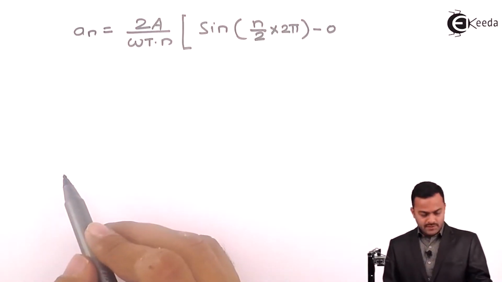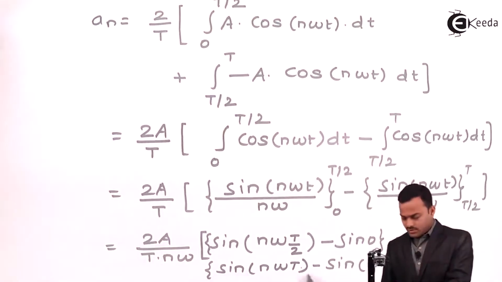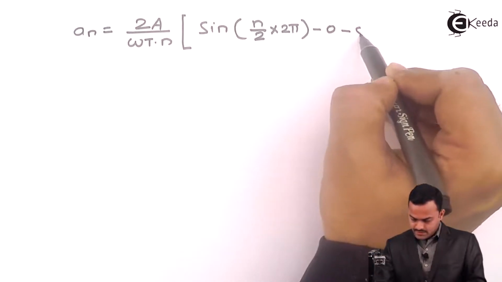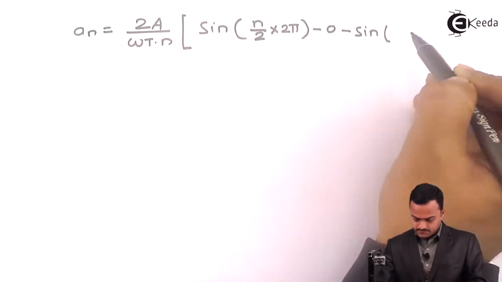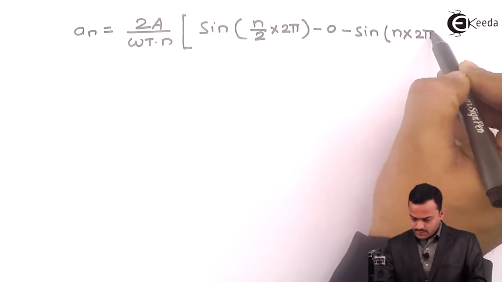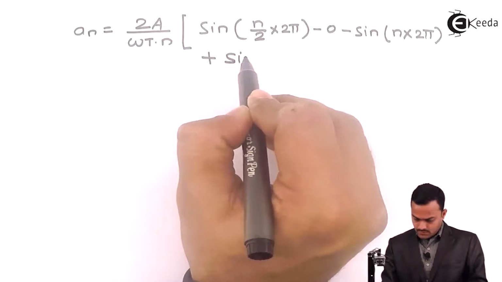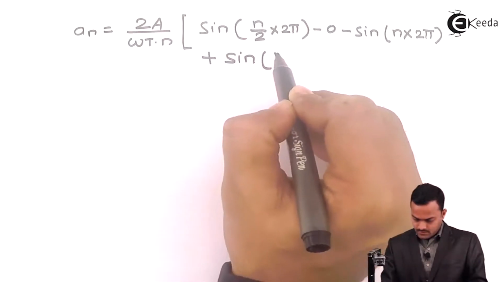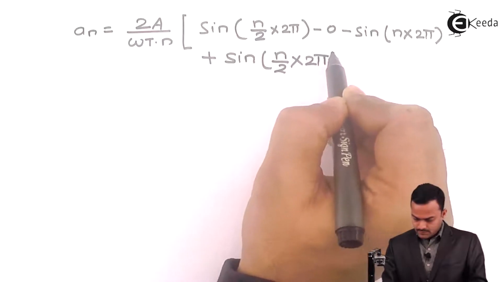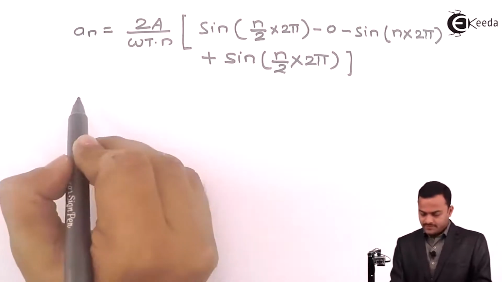And let's open up this bracket with this negative sign by changing signs of all the terms. So it is minus sine n into 2 pi plus sine n by 2 into 2 pi. Let's simplify.